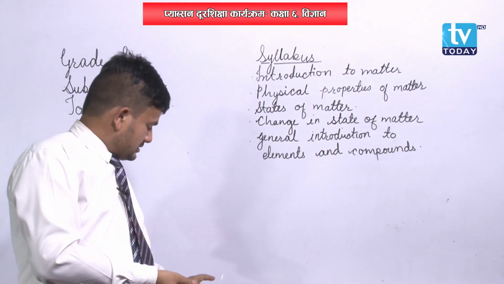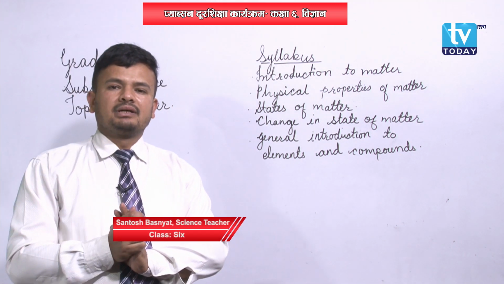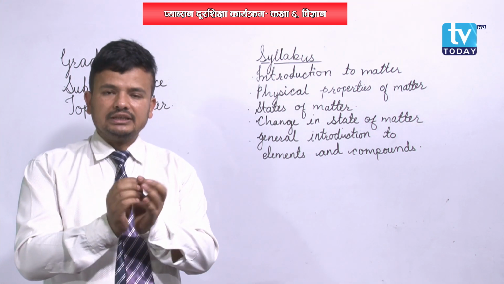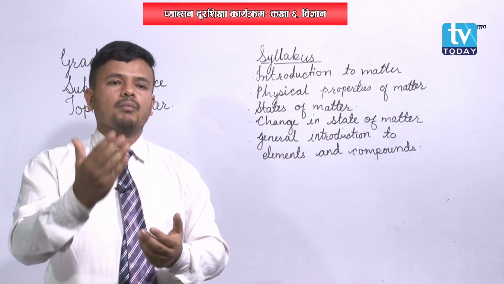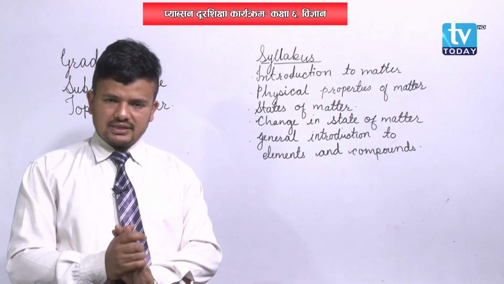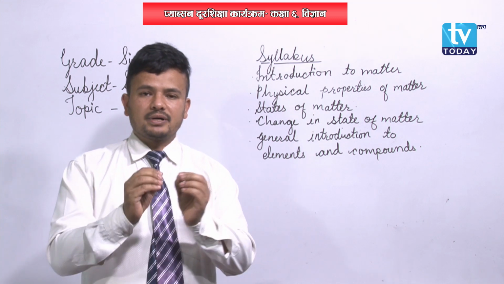Liquids flow from high level to low level. And as I already told you, intermolecular force is less and intermolecular space is more in liquid. Is that clear? Please note down that these are the properties of liquid.